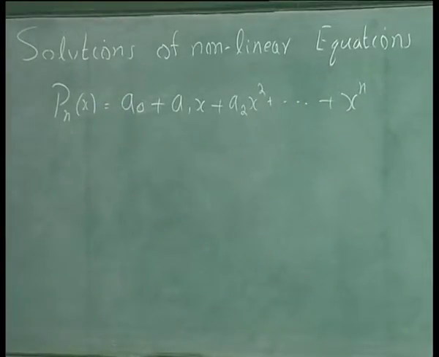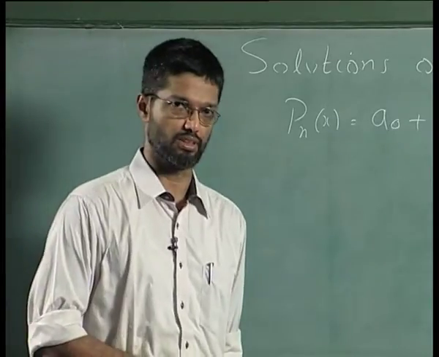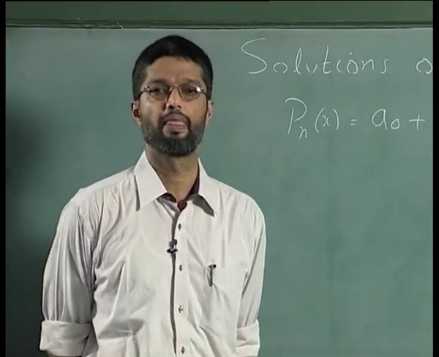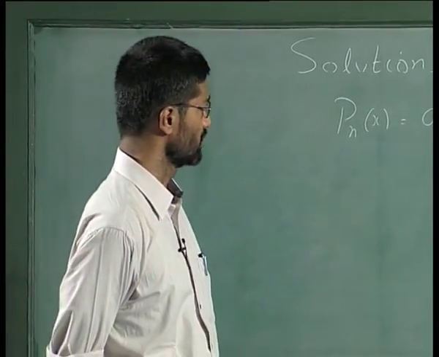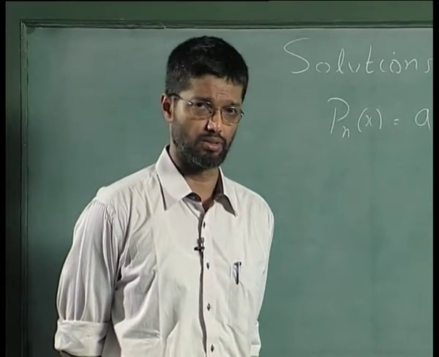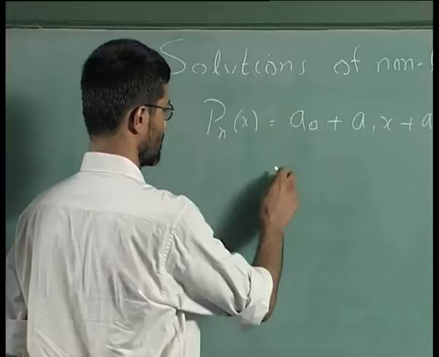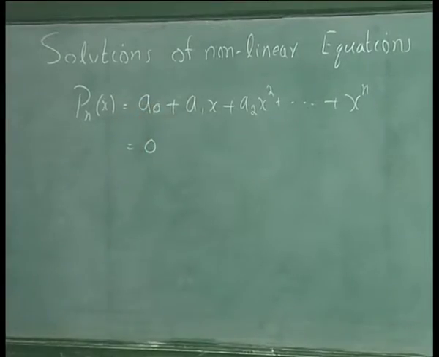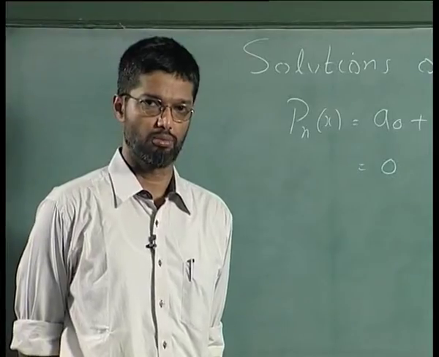Then we have to find the roots of this polynomial equation. We saw this in the case of a characteristic polynomial to determine the eigenvalues of a matrix. So this is one example where we have to find the solution of a nonlinear equation. Finally, finding the roots of this polynomial is nothing but saying that this is equal to 0 and finding the solutions of those equations. So we will discuss some of these methods.